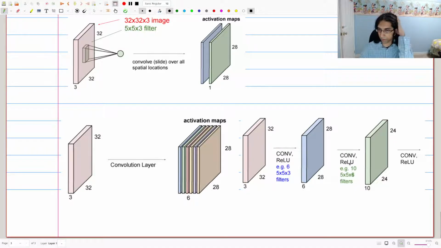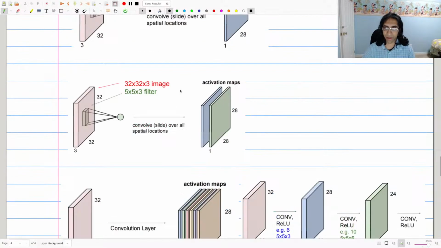Say, for example, here we do again a conv layer, and then you do a ReLU, which is entry-wise, and then maybe if you do it with 10 filters, which are each 5 by 5 by 6, you're going to get an output which is 24 by 24. And since there's 10 filters, there would now be 10 things. So it gets smaller but thicker in terms of more channels, and so on. So that's basically the idea of how a convolutional layer works.